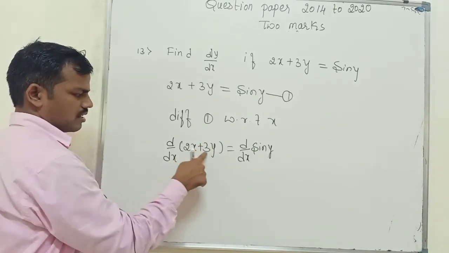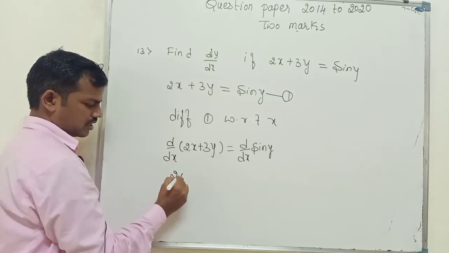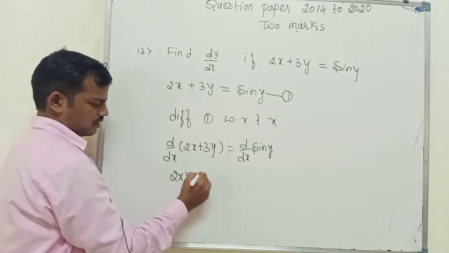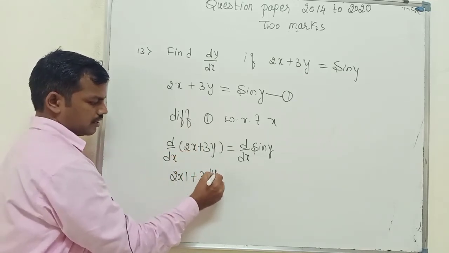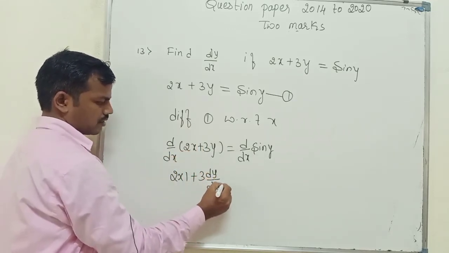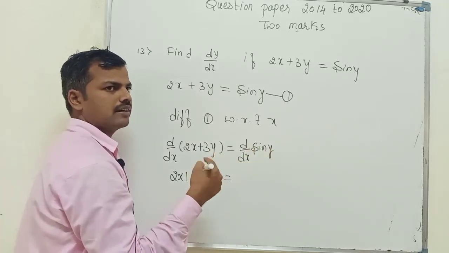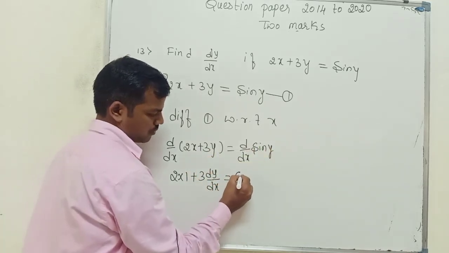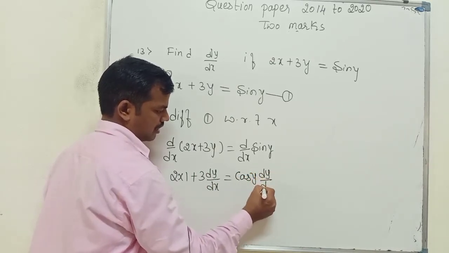Apply the sum rule. The derivative of 2x is 2 into 1, plus 3y, y is a dependent variable, so its derivative is 3 dy by dx, is equal to the derivative of sin y, which is cos y dy by dx.